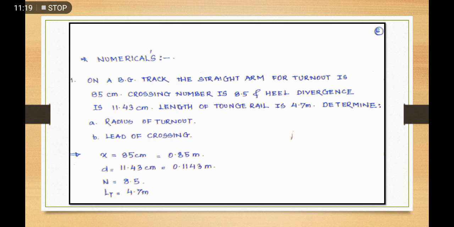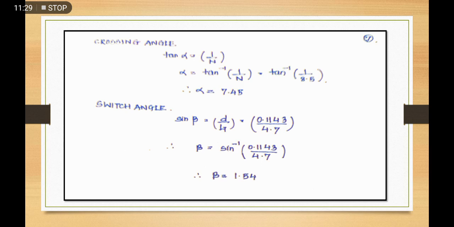That is the given data, and all the data is converted into metric, that is meters. Let's see its solution. First of all, determining the crossing angle alpha by Cole's method, tan alpha is equal to 1 upon n. After substituting n equals 8.5, you get alpha as 7.45 degrees.